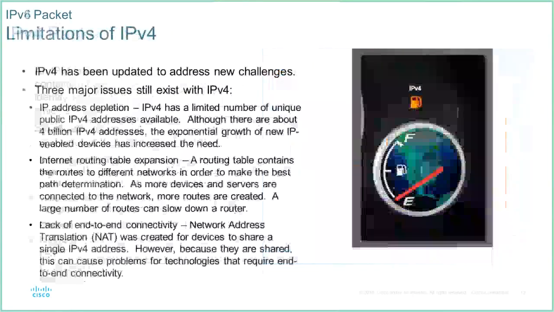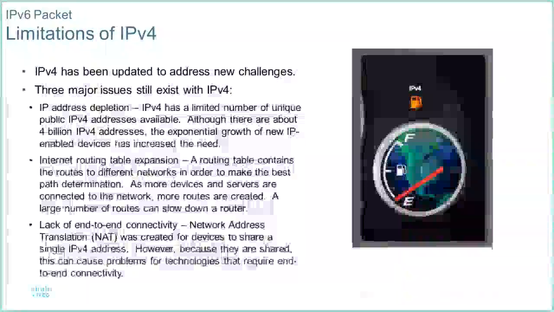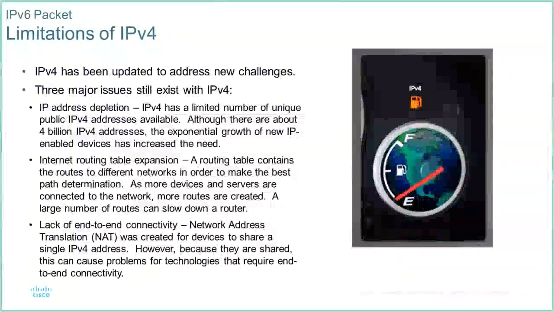So IPv4 was developed a long time ago, and it ran out of addressing space availability a long time ago. Only 4 billion addresses exist within IPv4, and they were not allocated in the most efficient way.